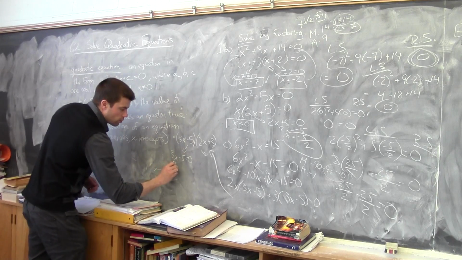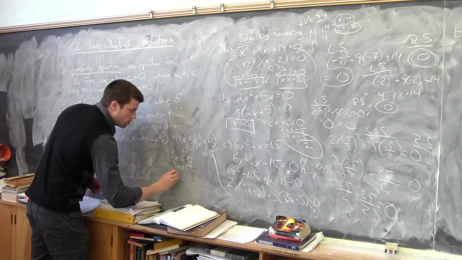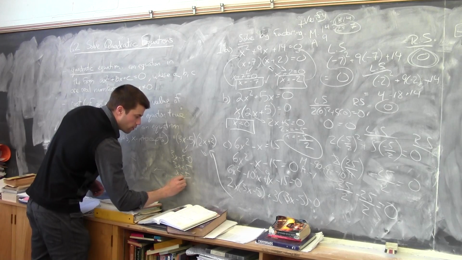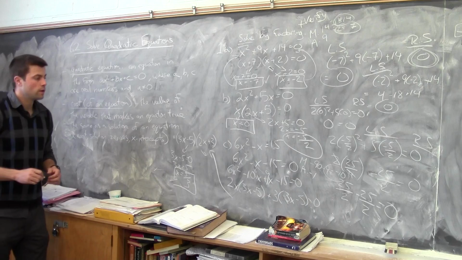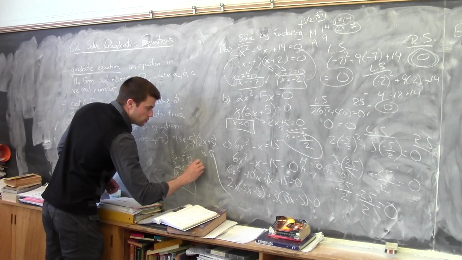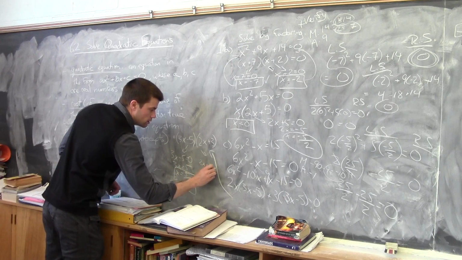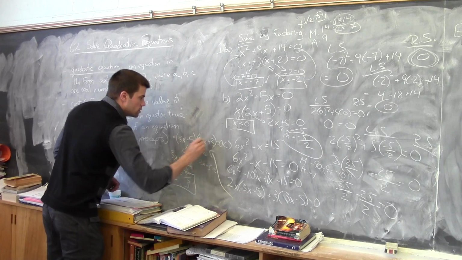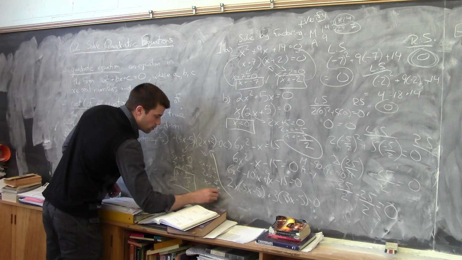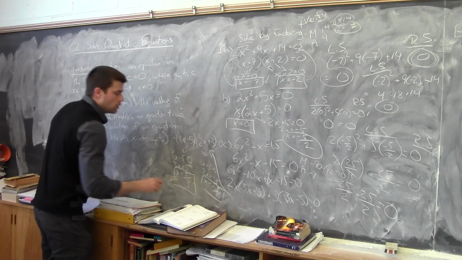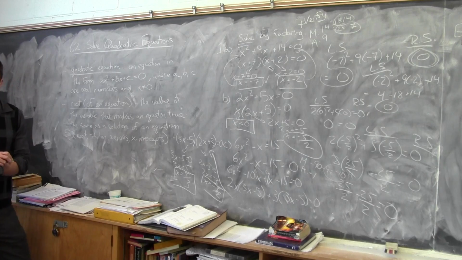We're going to get 3x is equal to 5, x is equal to 5/3. And then we're going to say 2x plus 3 is equal to 0, because all this is equal to 0, right? 2x is equal to negative 3, x is equal to negative 3/2. Any questions there?